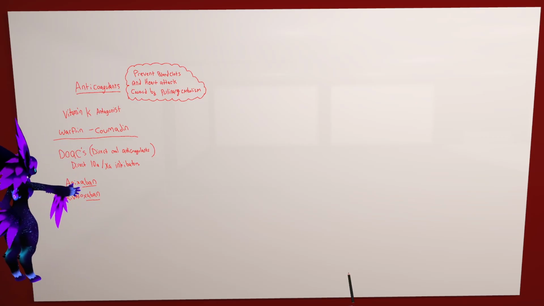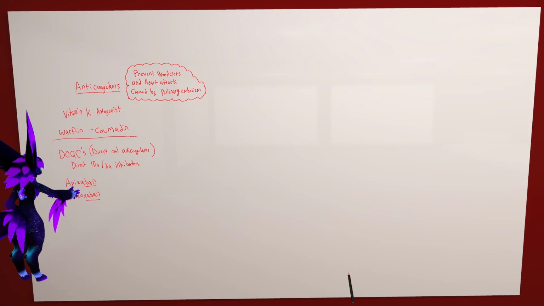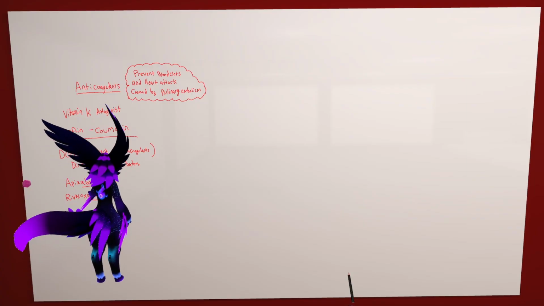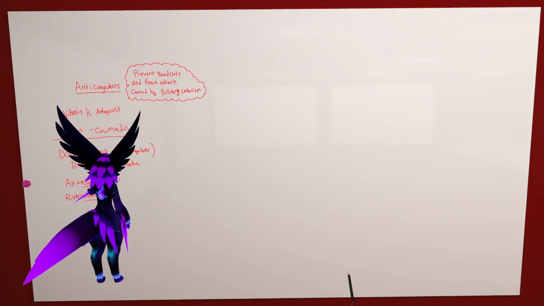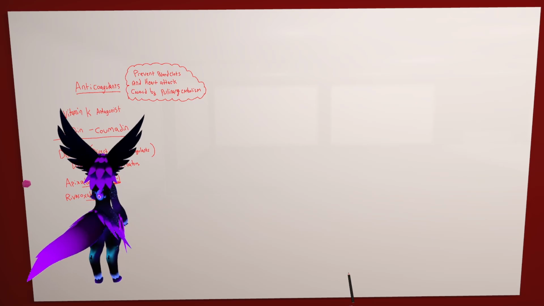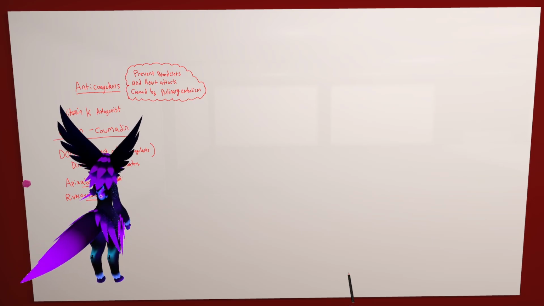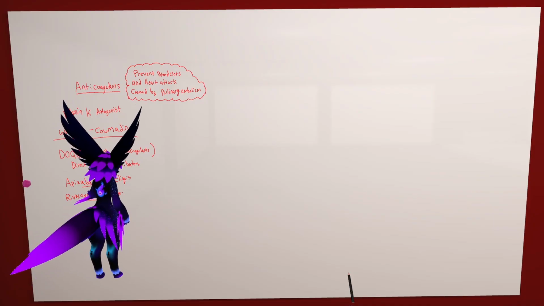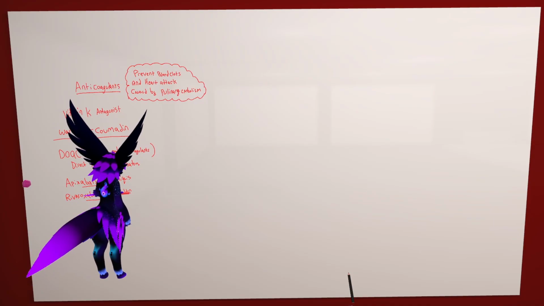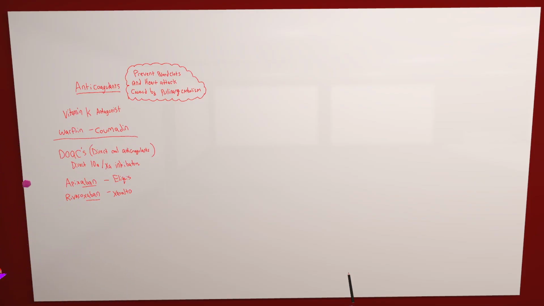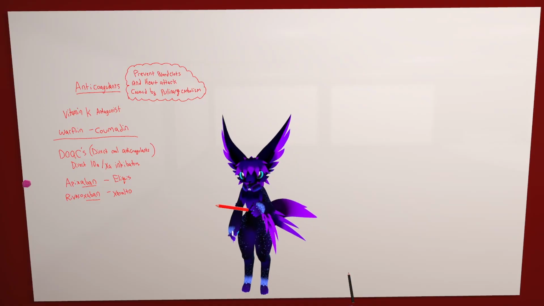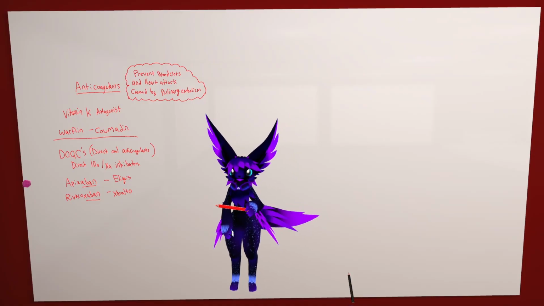So we have apixaban and rivaroxaban, also known as Eliquis and Xarelto. Okay, so that would be the anticoagulants over there. There are several more anticoagulants.